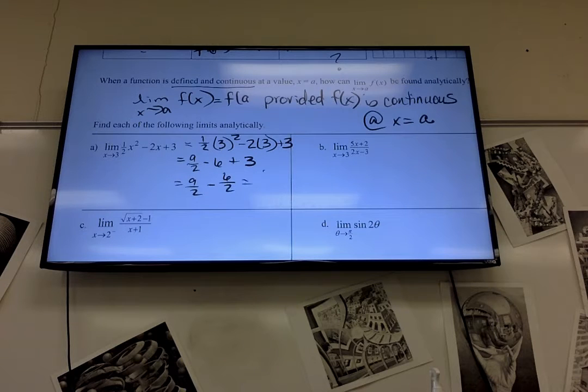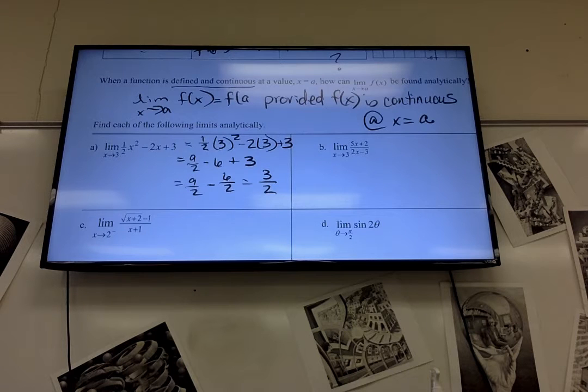I think it's 3/2, because 6 is 12 over 2, and 3 is 6 over 2. So 9 minus 12 is negative 3, plus 6 is positive 3 over 2. And it's just arithmetic.